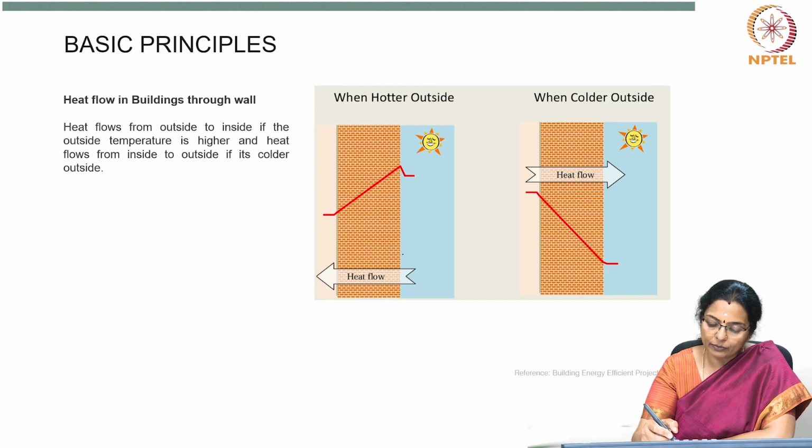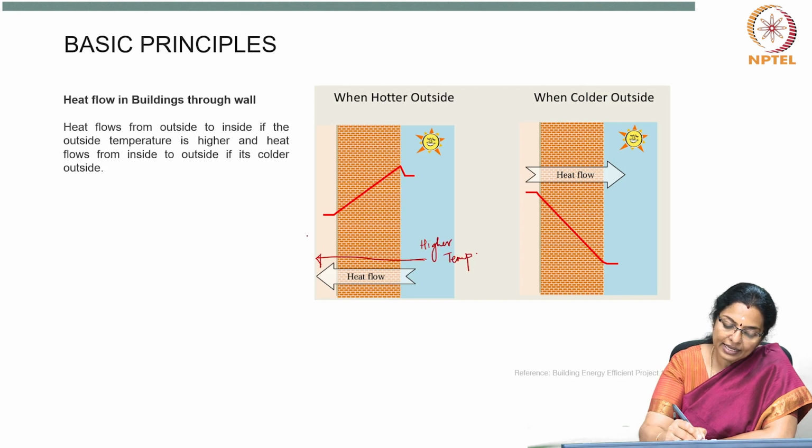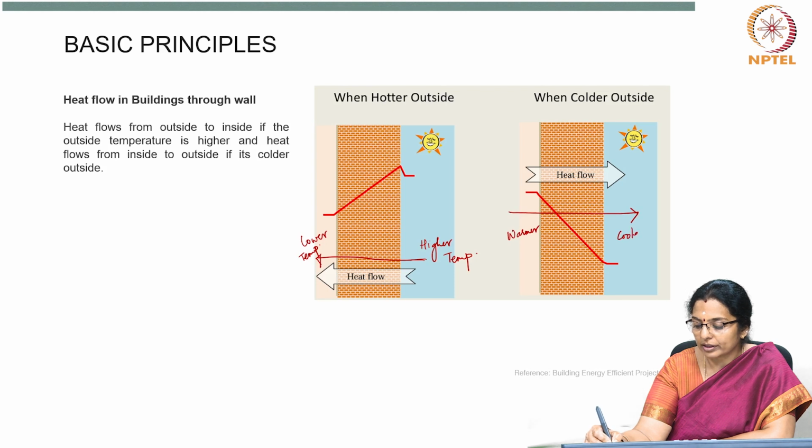So, heat will flow from outside to inside if outside is higher temperature and inside is lower temperature. Heat will flow in this direction if inside is warmer and outside is cooler.